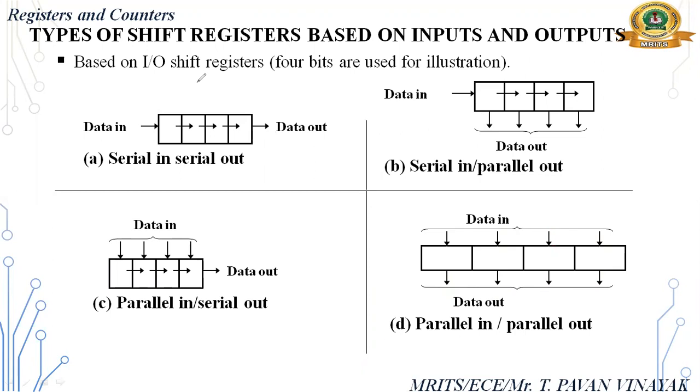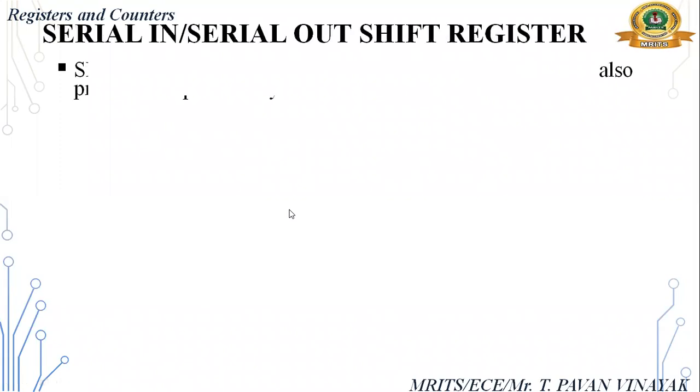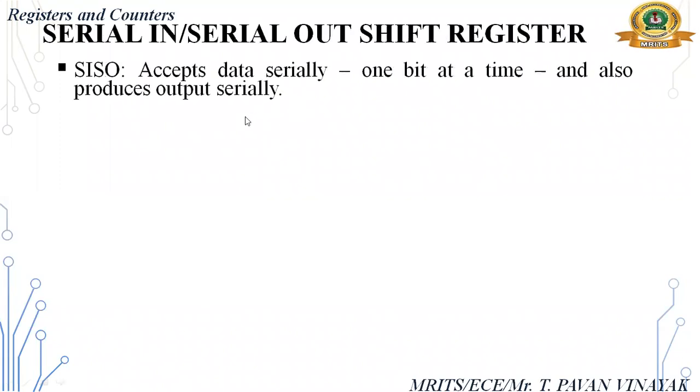Let us see each one in detail. So first one, serial in, serial out. Serial in means it takes the data serially, one bit at a time, and produces serial output, meaning only one bit output. So this is the circuit.